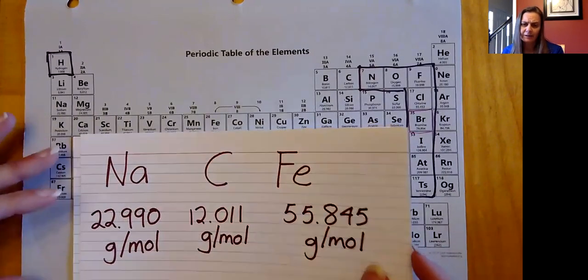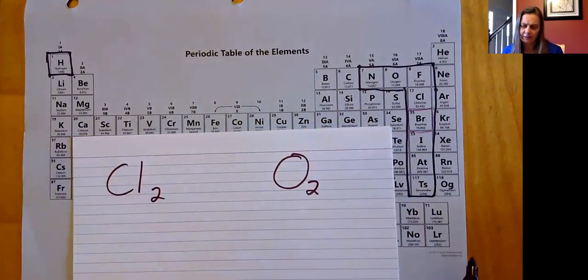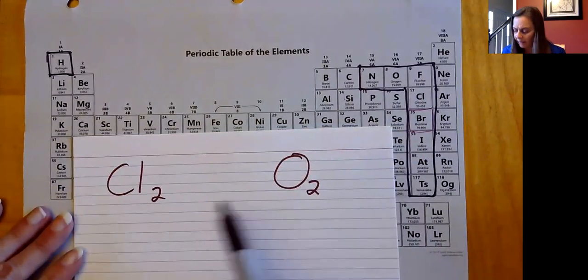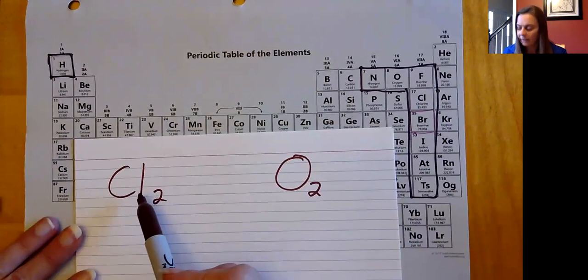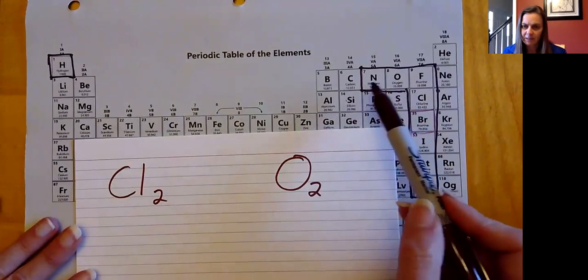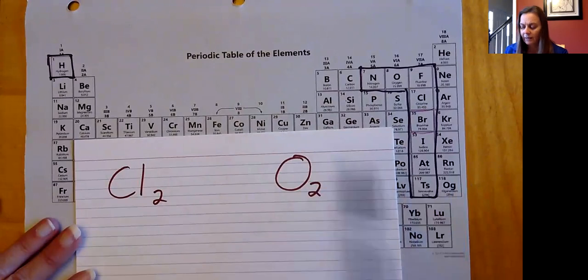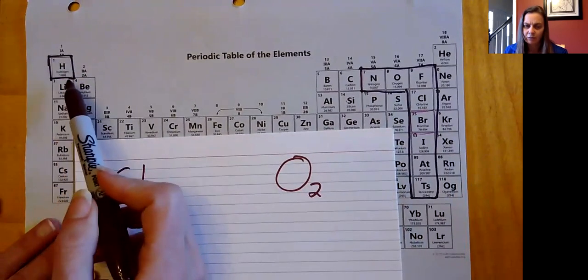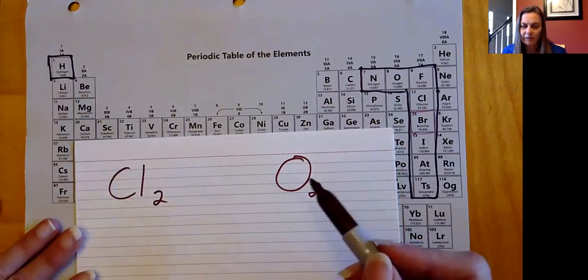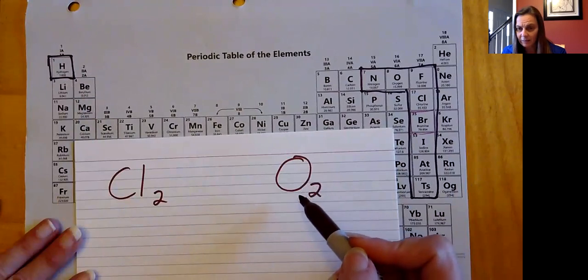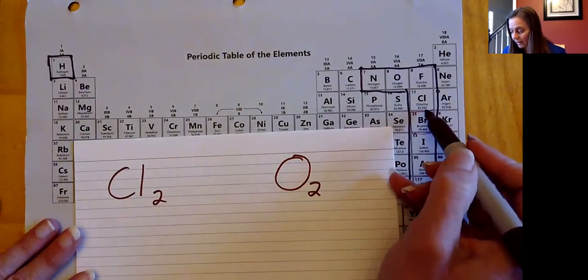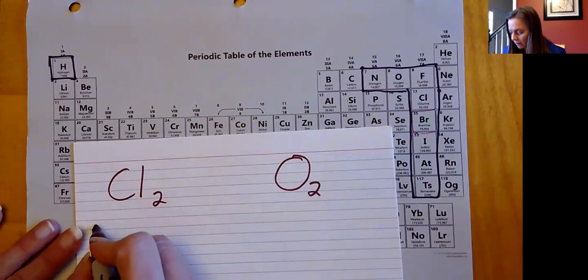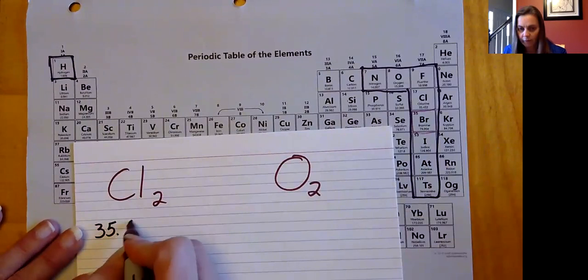What if I ask you to find the mass of a diatomic element? So now, if we look at chlorine as one of our diatomic elements, and we see that outline of the 7 and the 1, and we remember that those are our diatomic elements. So if I ask you to find the molar mass of a diatomic element, you're going to look at the mass, and we find that the mass of chlorine is 35.453.